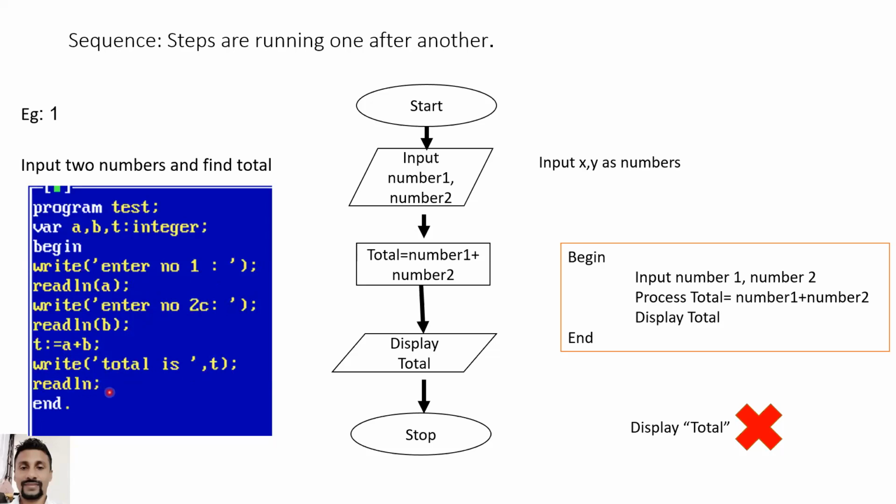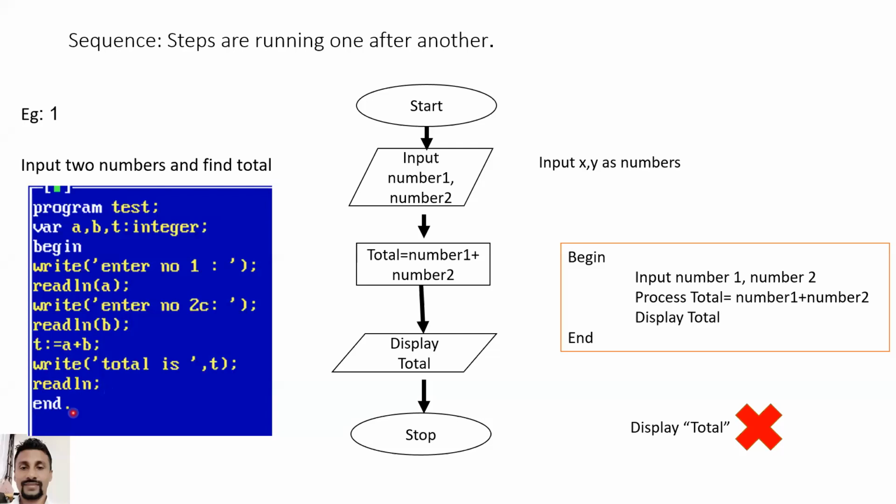This is not compulsory, but I am using it to hold the screen. If it is not held, your output flashes, coming and going, and you have to go to the debug window to find the answer. I am using this with Turbo Pascal. There are other software you can use in different ways, but readln we are using to hold the screen.